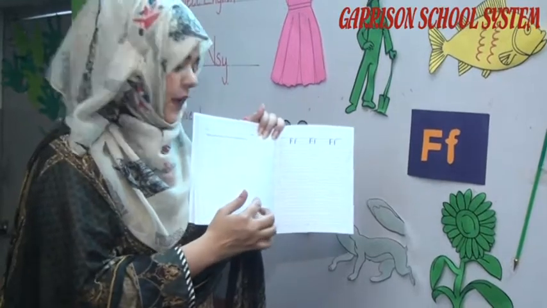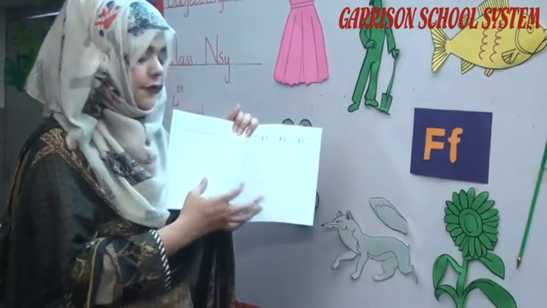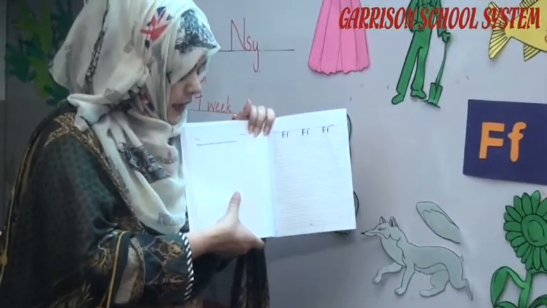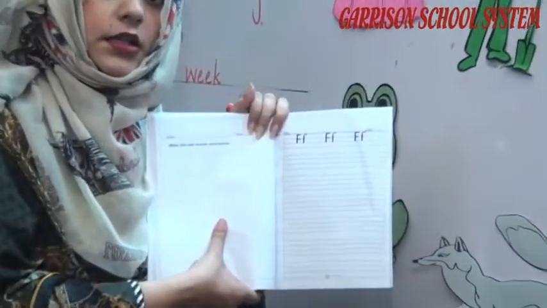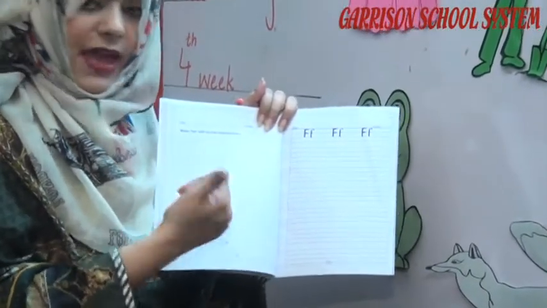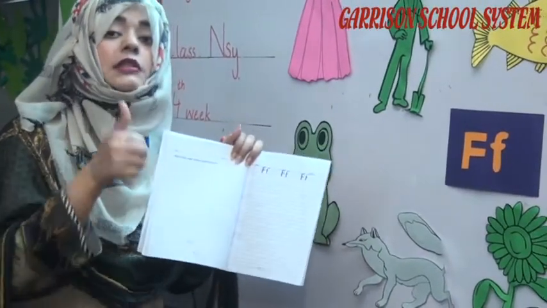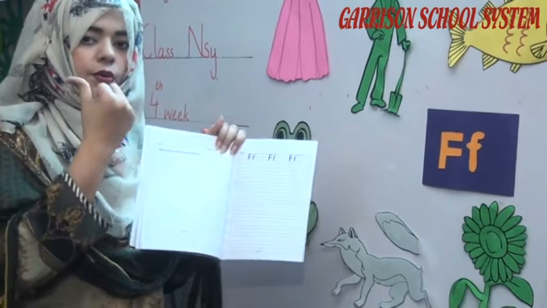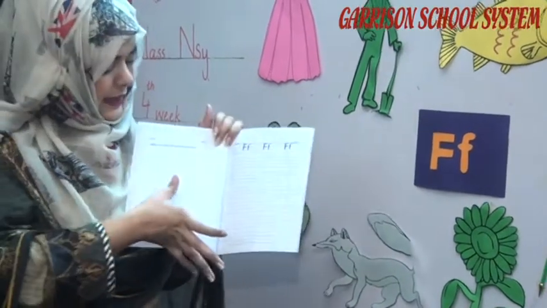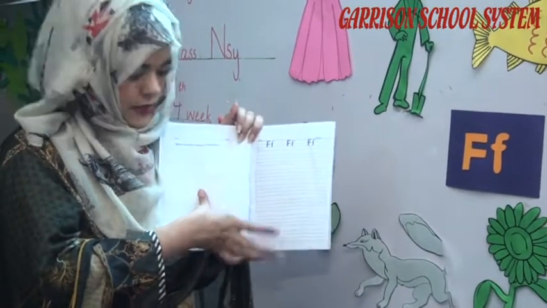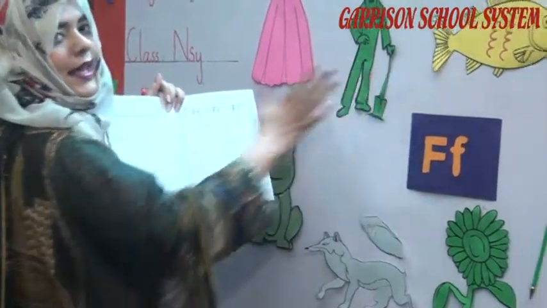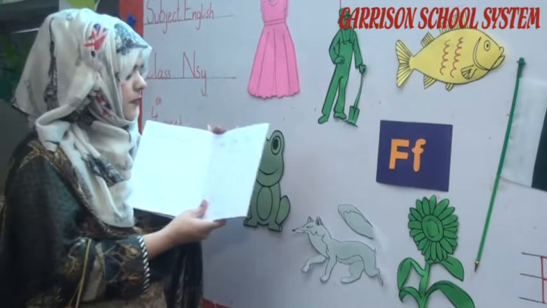F for fish. You are gonna make the different kinds of fish with your thumb impression. Like you color this thumb and then you put it over here like this or over here like this, and draw a little tail, and you are done with it.